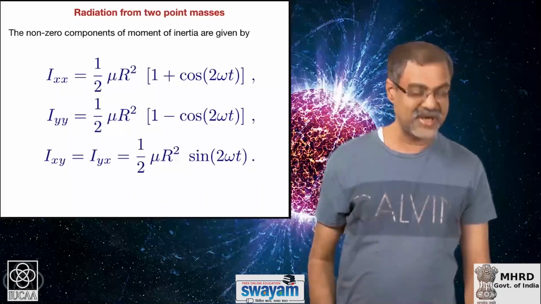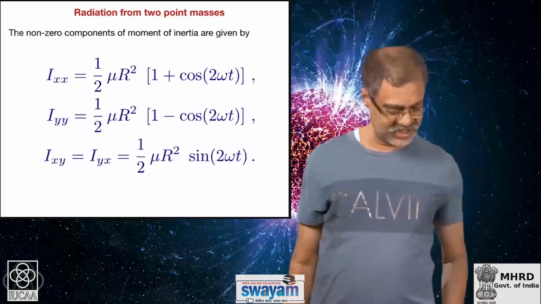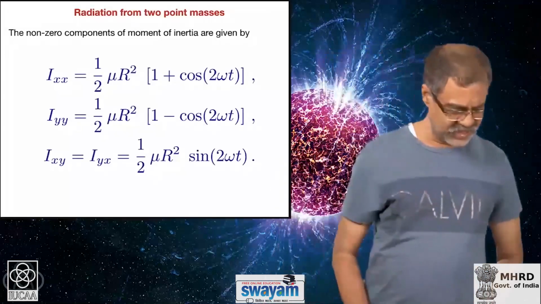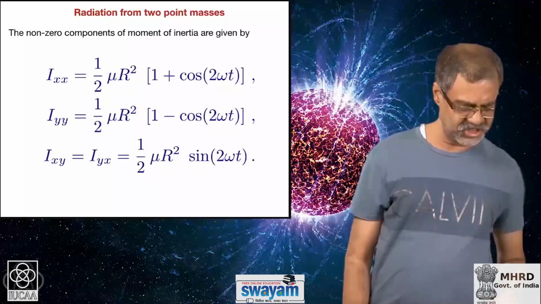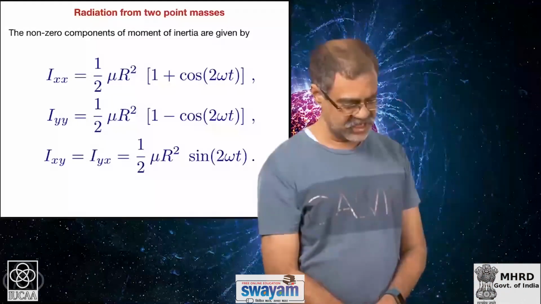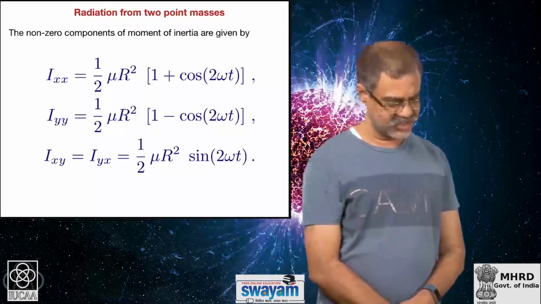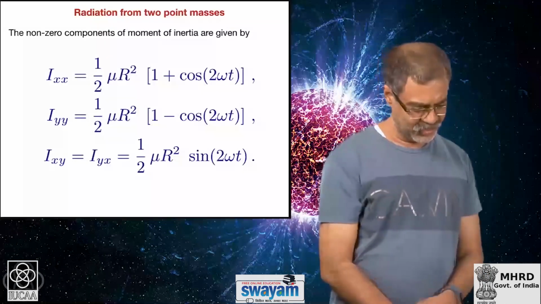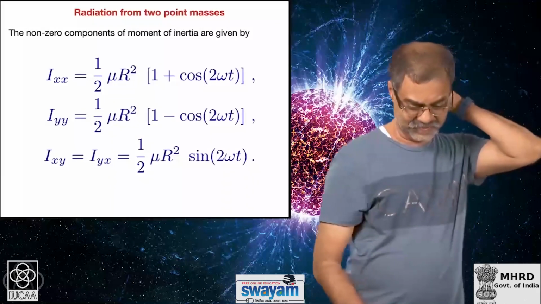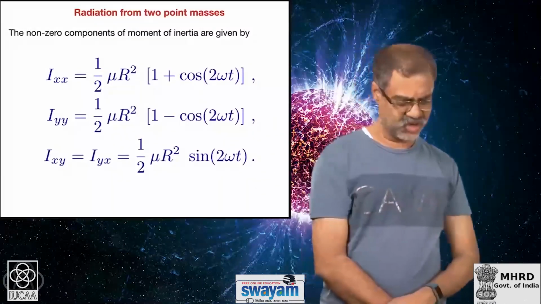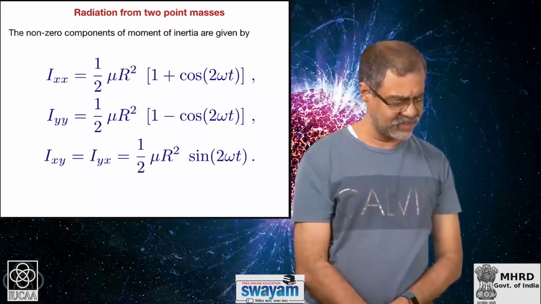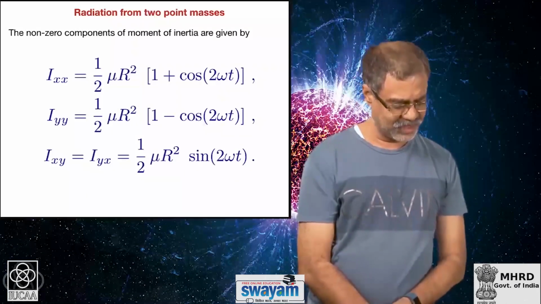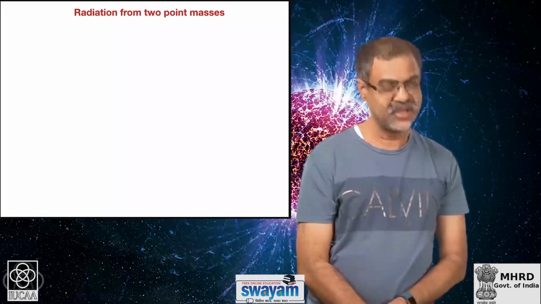We can calculate the moment of inertia tensor, which is essentially given by these three equations, three non-vanishing components Ixx, Iyy and Ixy, and you always see they are written with cos 2 omega t coming. This is because of the quadrupole nature of it.